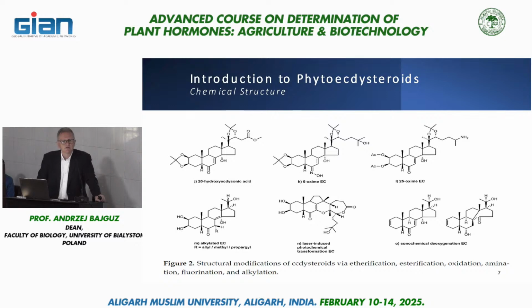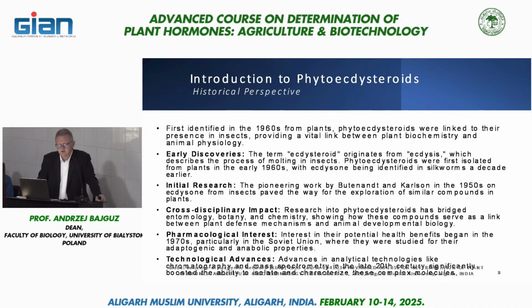To truly appreciate the significance of phytohormones, we need to take a step back and look at the historical discovery and how our understanding of these compounds has evolved over time. The story about phytohormones begins in the 1950s and 1960s, when scientists were first investigating the molting hormones of insects.